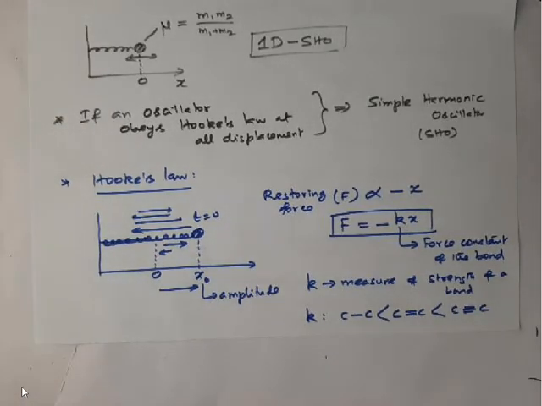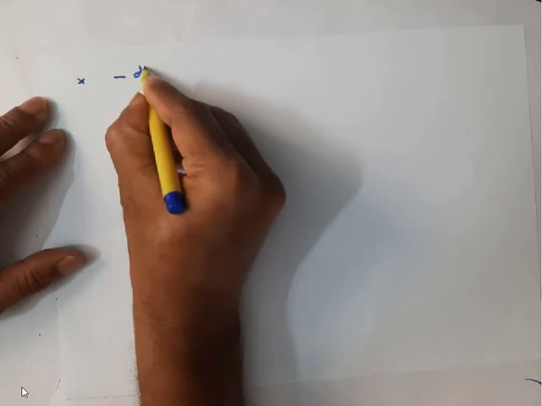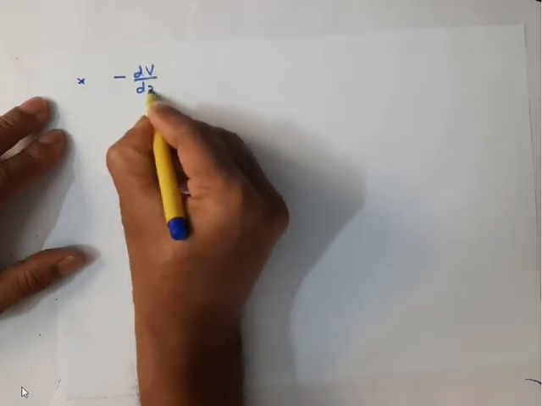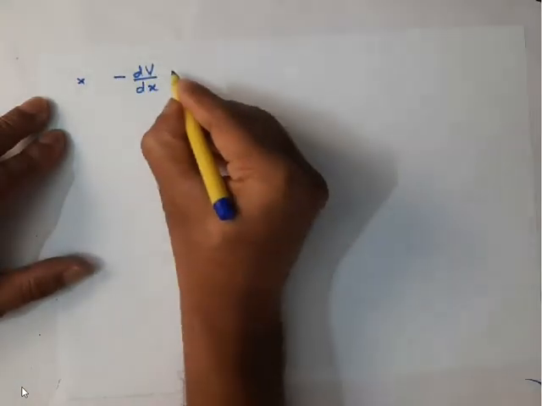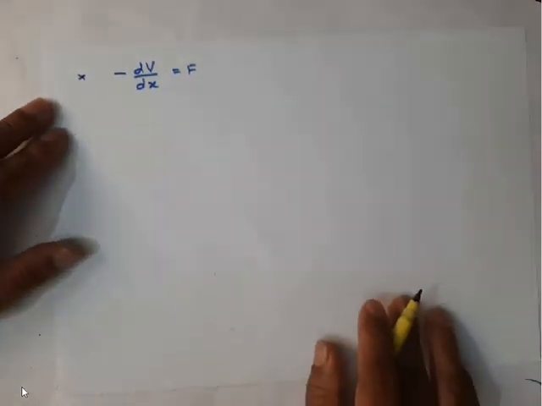Now, this is the restoring force. From basic physics, we know that the negative of the change in potential energy with respect to displacement is equal to the force acting on the system.